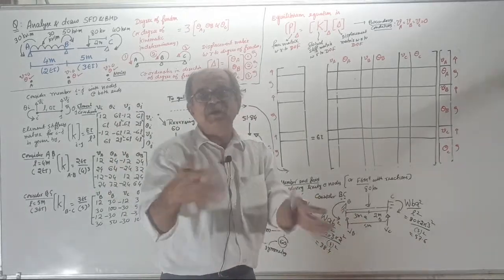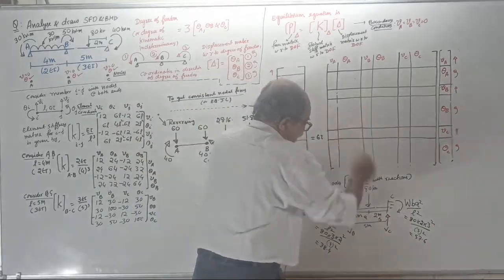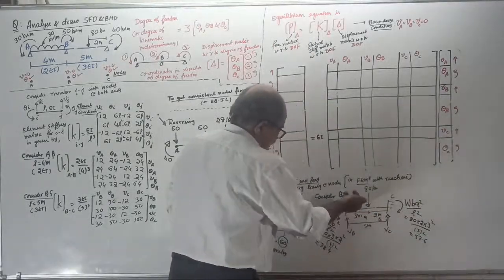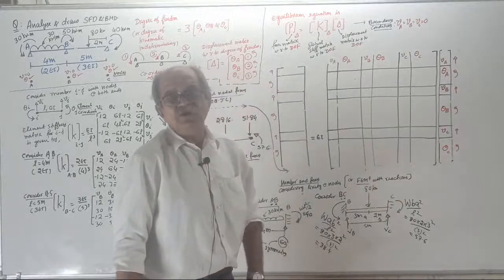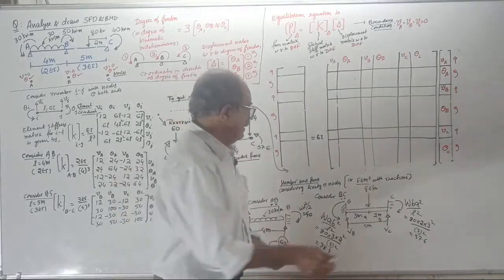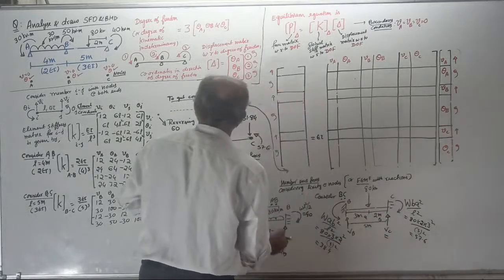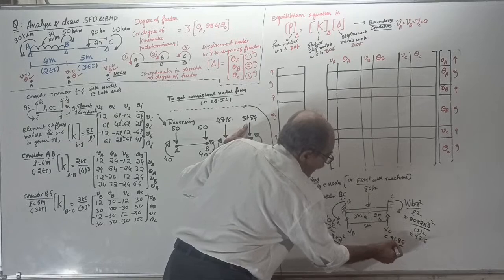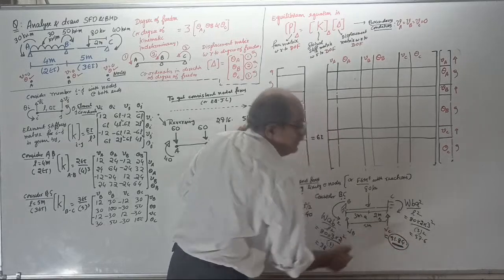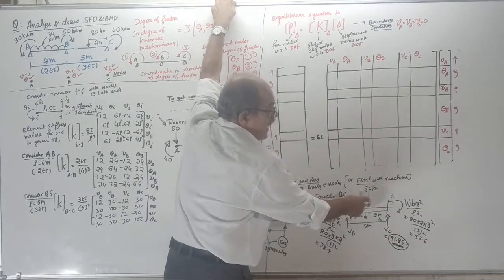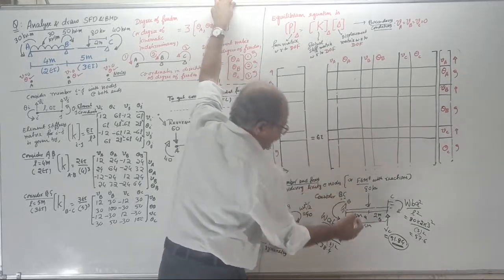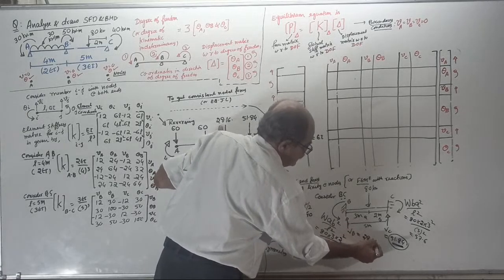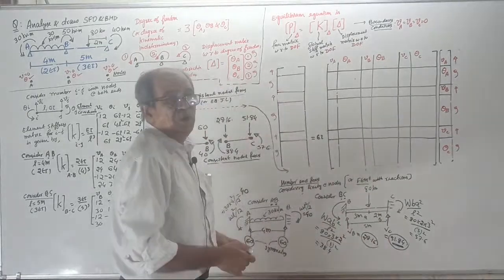Here you can do whatever you want. See, VC into 5, 80 into 3, 57.6, 38.4 equal to 0. Any sign convention, your VC will come 51.84. You have to calculate it. Then net vertical force, sigma V equals 0, your VB will come 28.16. Okay, get these two.